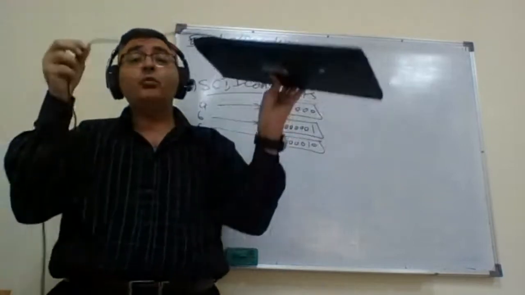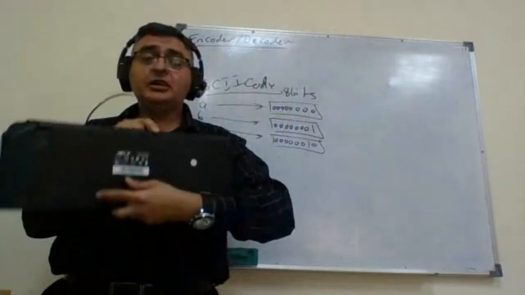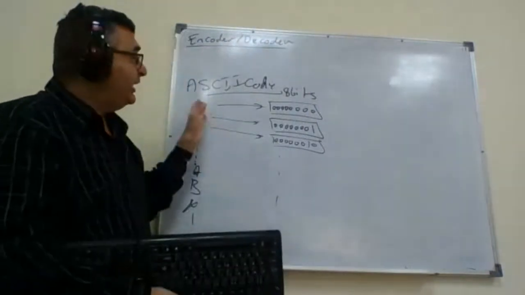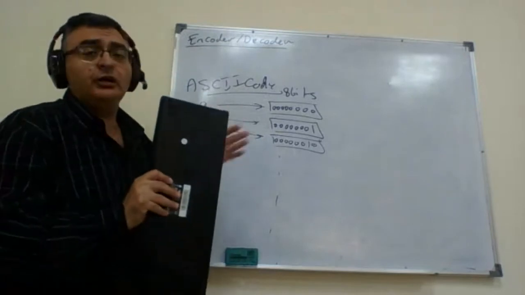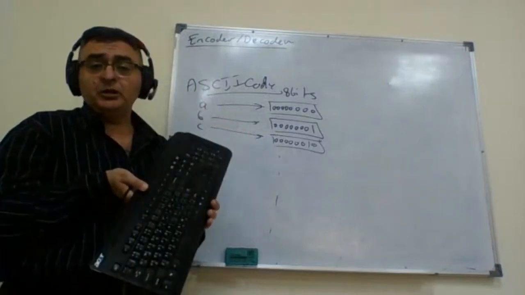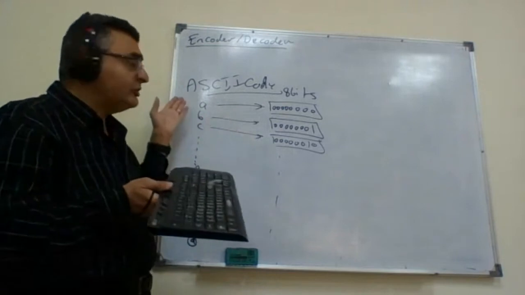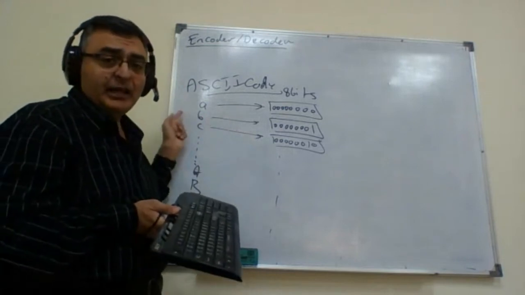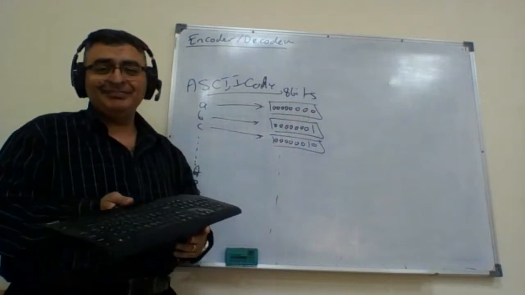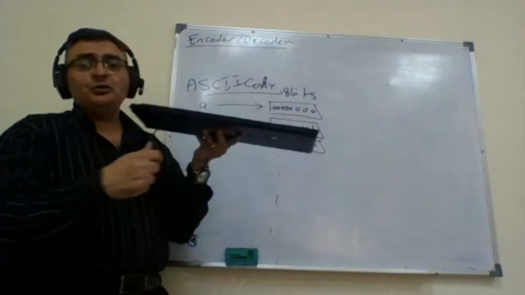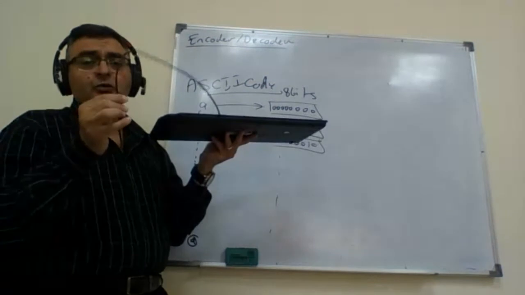No, because inside the keyboard I have an encoder that will actually give a code for each of the buttons of the keyboard. That means I translated the letter on the keyboard into only 8 bits. This is actually what is happening here. So here I can have only 8 wires.